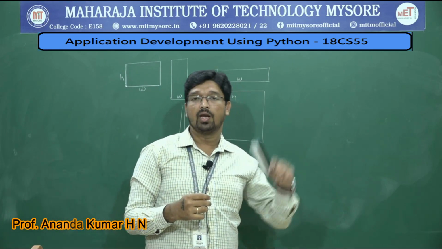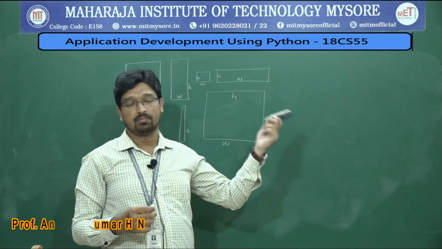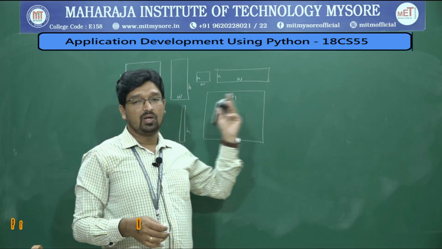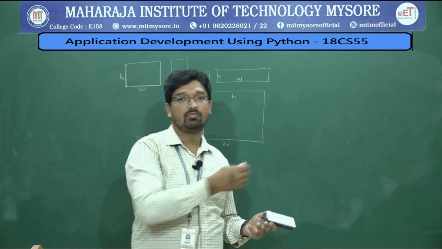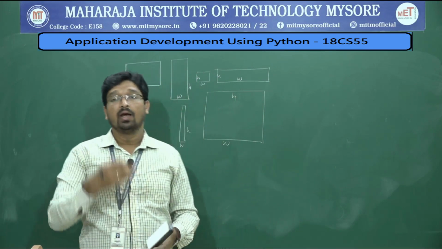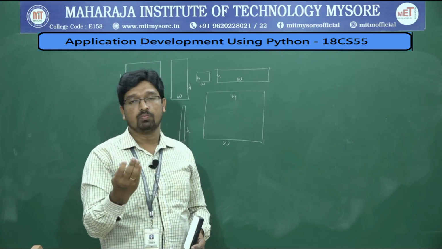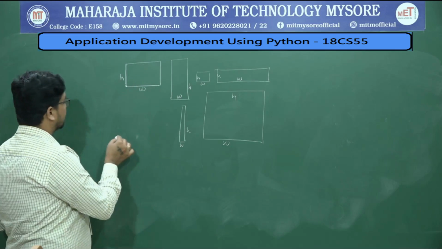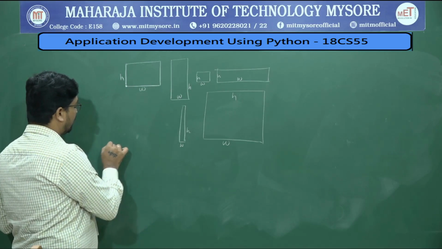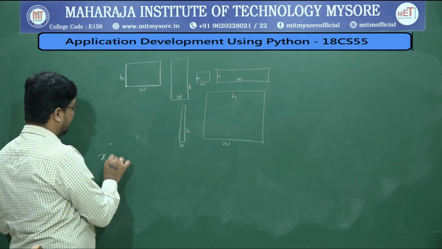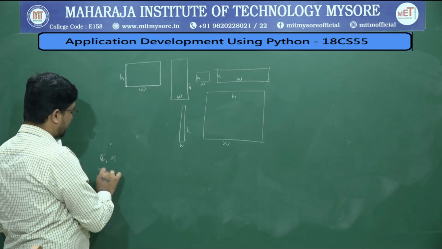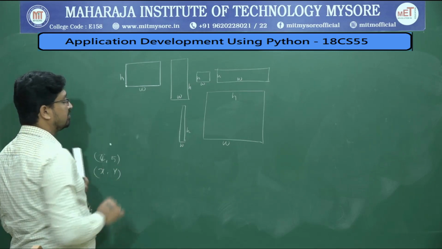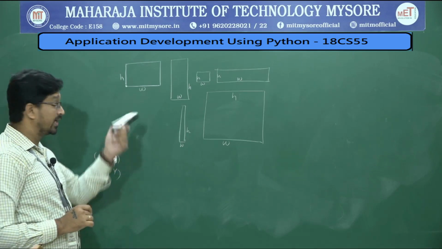Already we created, using a Python class just before two minutes, a point class which has two members called x and y. The x value is 4, the y value is 5, 4 comma 5. So this is the point where we need to create a rectangle.